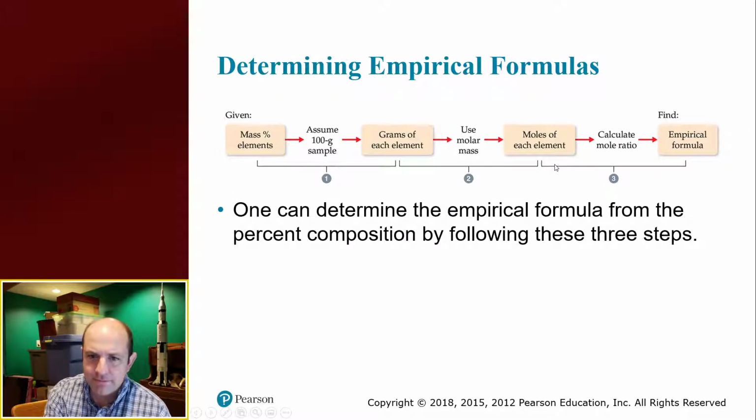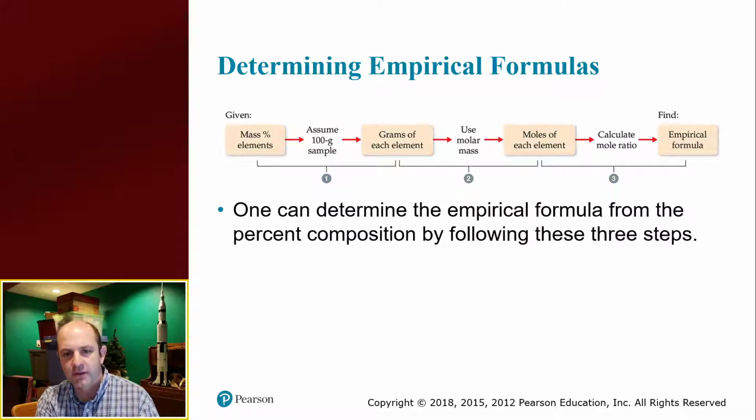We also want to talk about empirical formulas. Remember that an empirical formula was the simplest whole number ratio of all the atoms in a formula. And so if we have either the grams for each element, or if we only have the percentage, if we found that from mass percent, which you often get from experiments, we can use these starting points to get that empirical formula.